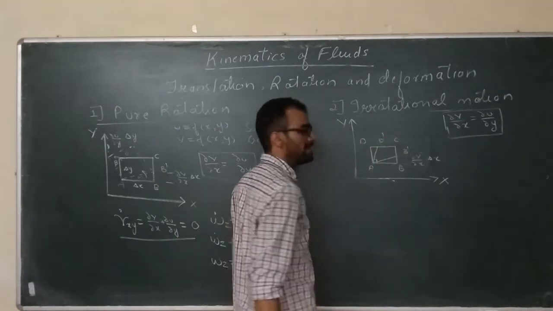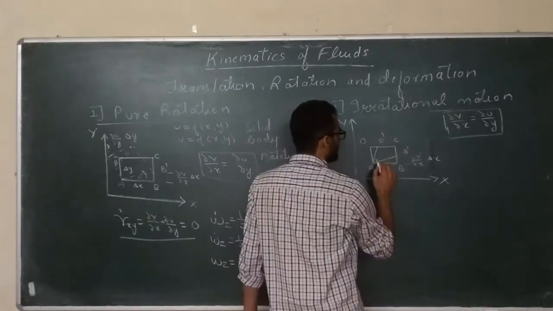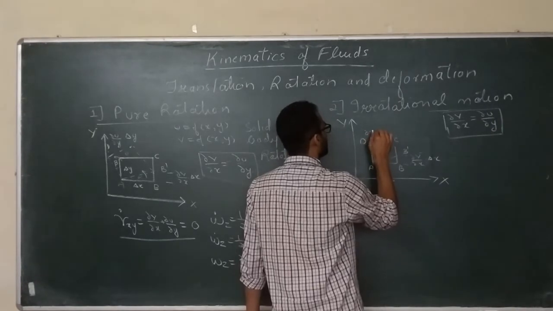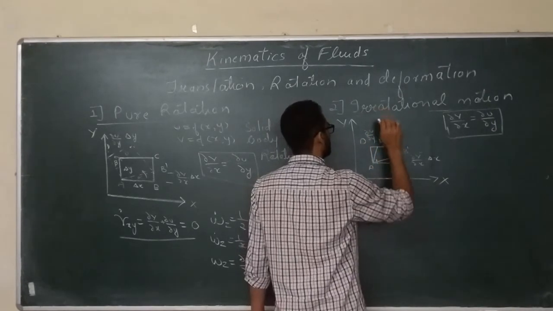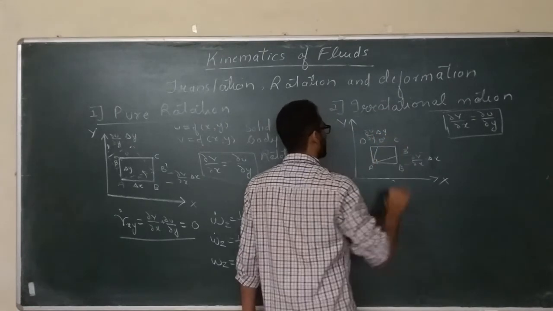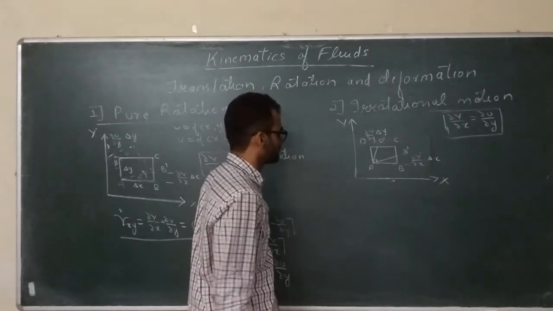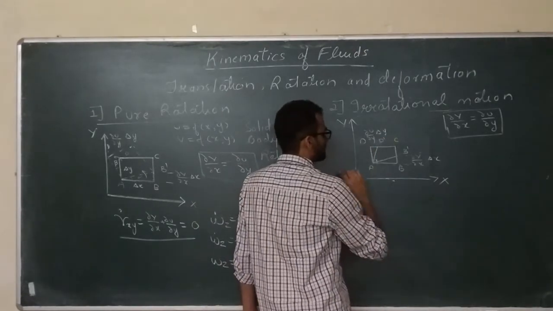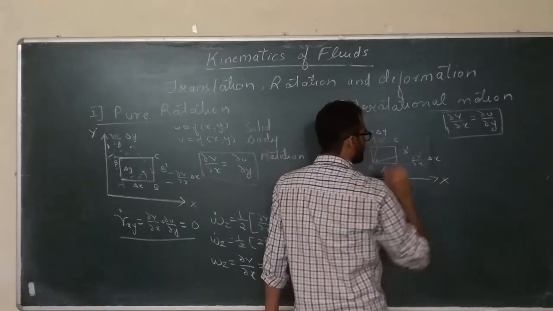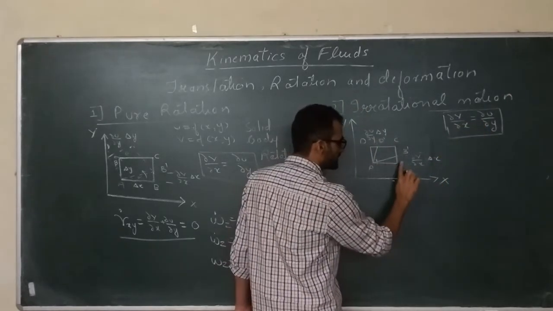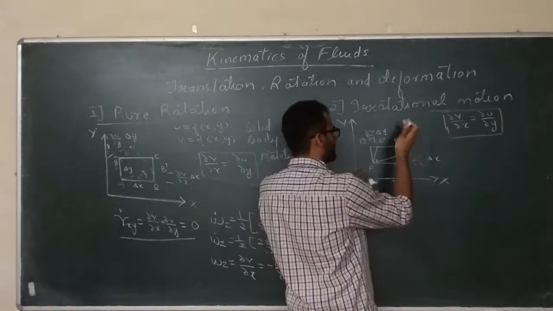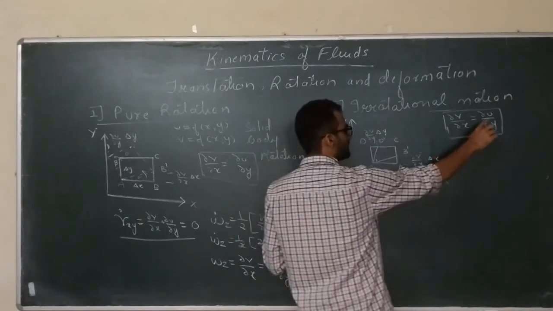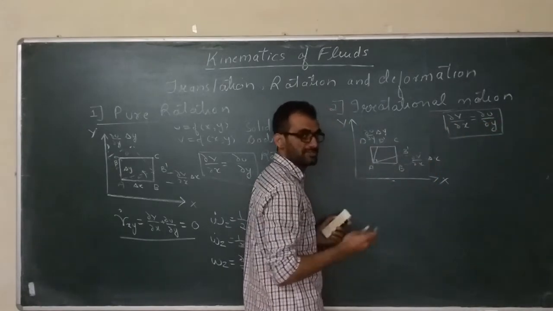to D dash. Why is it going like this? Because this extra distance is again del u by del y into delta y. Now this del v by del x we assume positive, so the v velocity should go on increasing. That's why B went up higher than A. But here the gradient of u with respect to y is also positive, it is not negative.